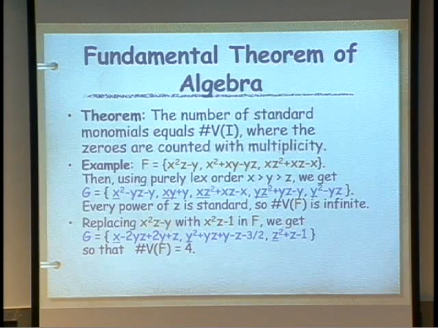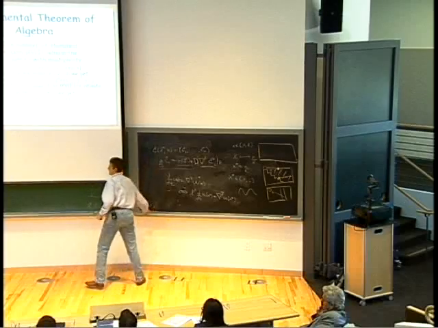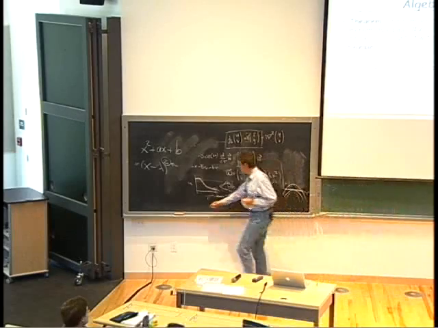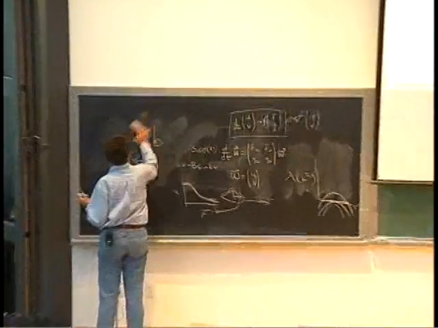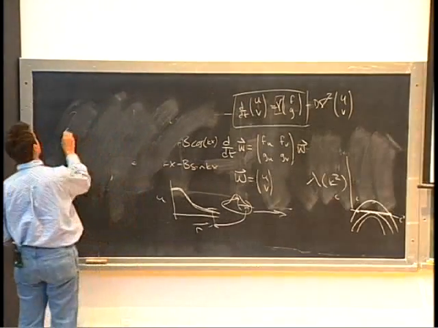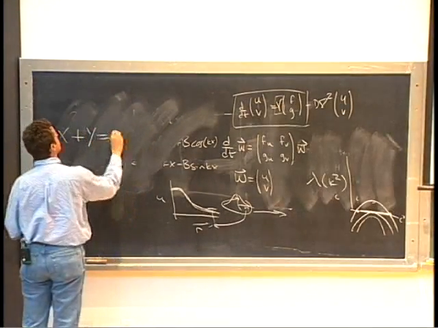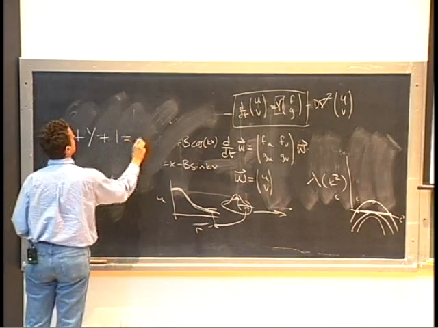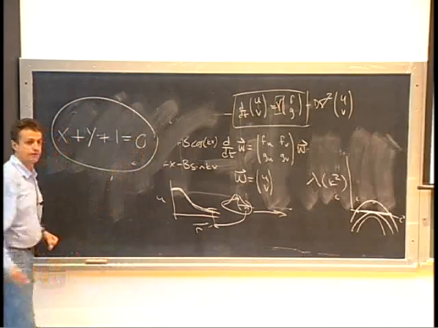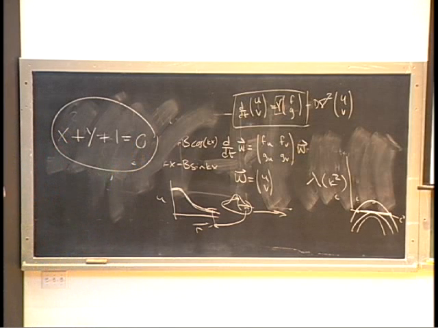So, okay, let's do an example. Suppose we want to solve one linear equation. Suppose we're interested in the solution set of this equation. Well, the solution set of this equation in the plane has dimension 1. It's called a line.